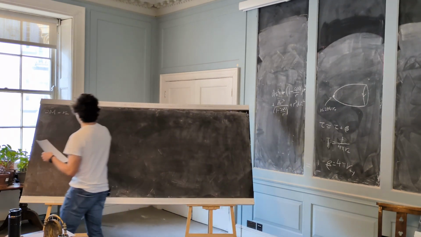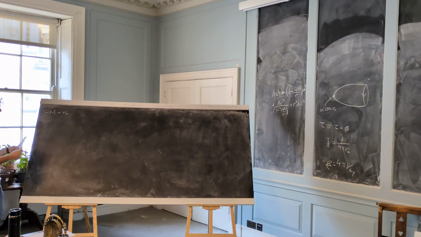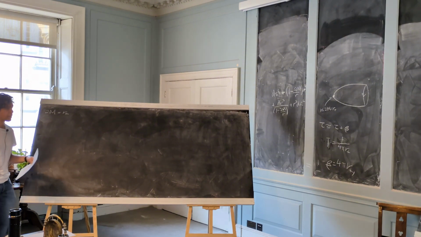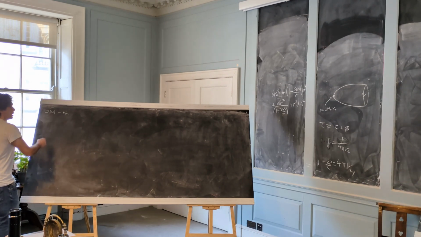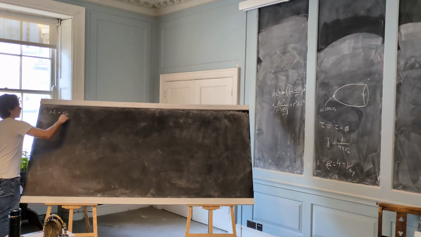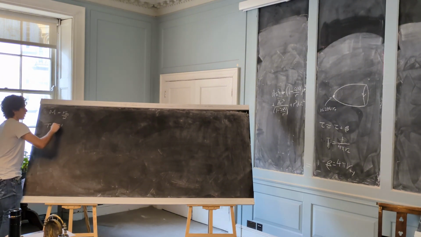Okay, so M is related to r plus in this way, and the temperature is related to r plus. So we have M is r plus over 2, and temperature is 1 over 4 pi r plus.